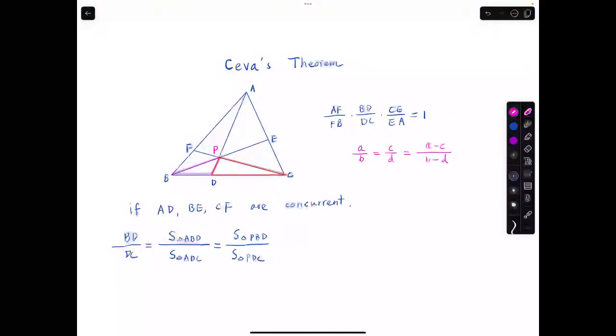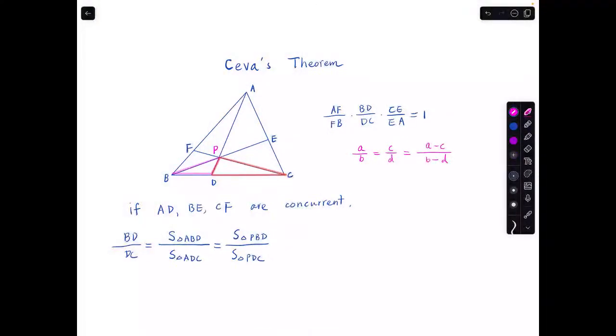So that's a fundamental property from algebra. We're going to use that. So here we're going to say that this is going to be equal to the difference of the areas. The bigger one, this is the bigger one, this is the smaller one. So it's the area of ABD minus the area of PBD, and the ratio of ADC minus PDC.